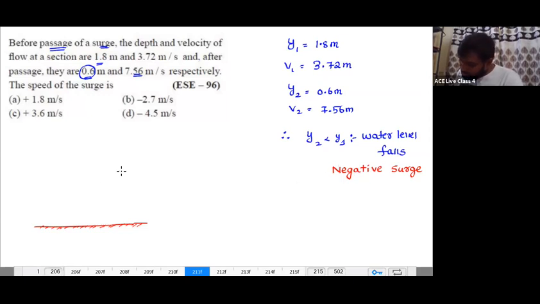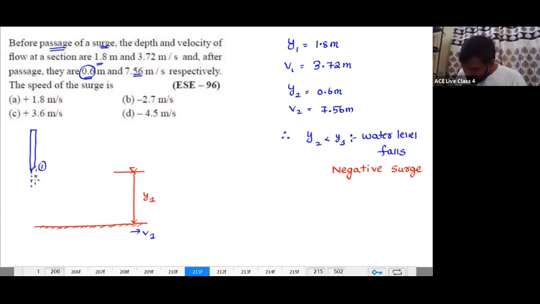Now initially the depth of water is going to be Y1 and it is going to be moving with a velocity of V1. After the passage of surge, the depth is going to be 0.6 and velocity is going to be more. So when it happens, if you close the gate abruptly, initially this is the gate level 1.